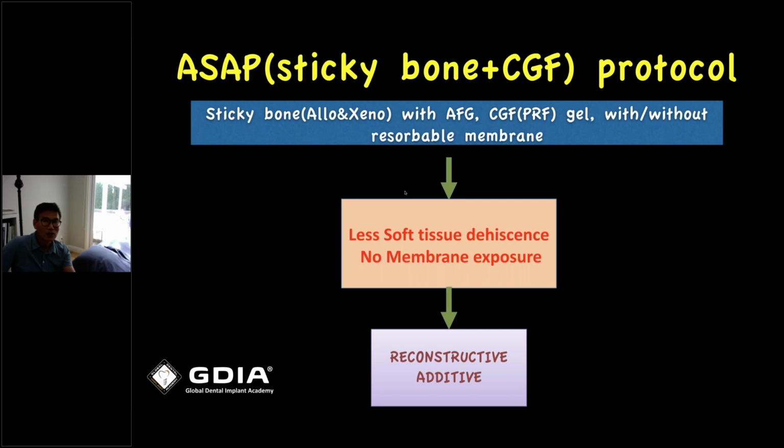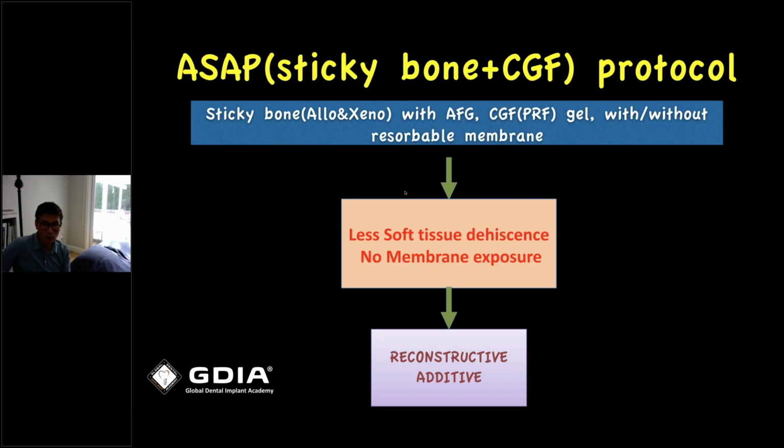And sticky bone, either I'm using allograft and xenograft with autologous fibrin glue, which, if you're not familiar with this term, I'll discuss later, and concentrated growth factor or platelet-rich fibrin gel without a resorbable membrane.